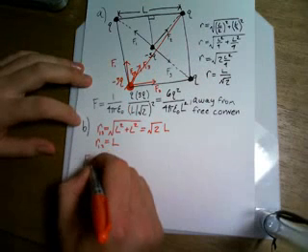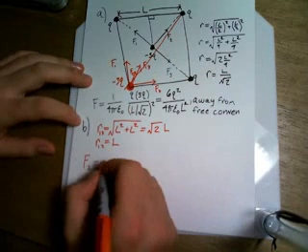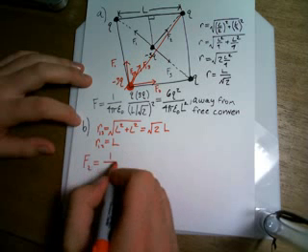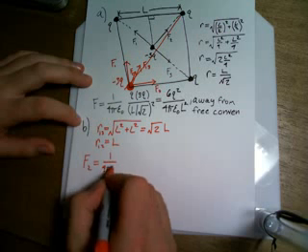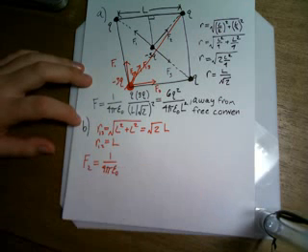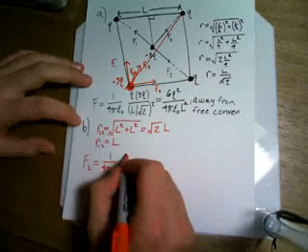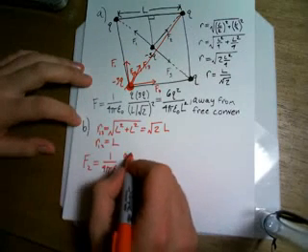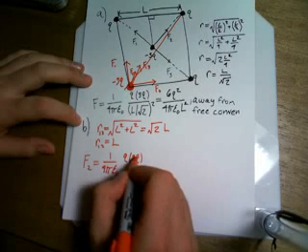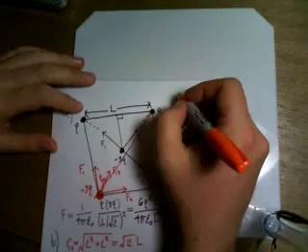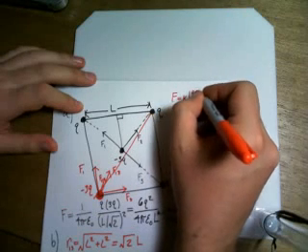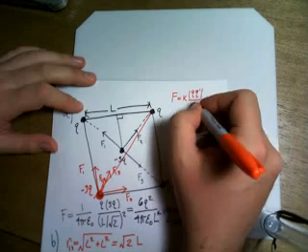Force 2 is going to equal 1 over 4 pi epsilon naught, and it's basically the same thing we just did, Q times 3Q. Remember, we always take the magnitude of these charges. So let me write the original equation: force equals K times the magnitude of Q times Q prime over R squared.